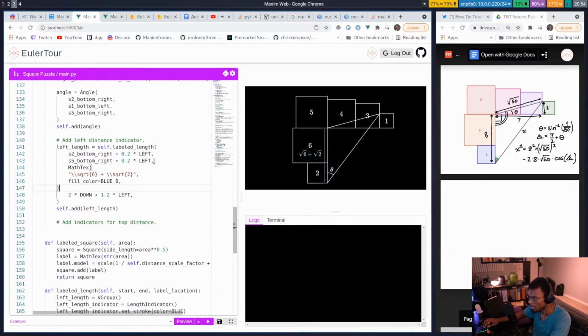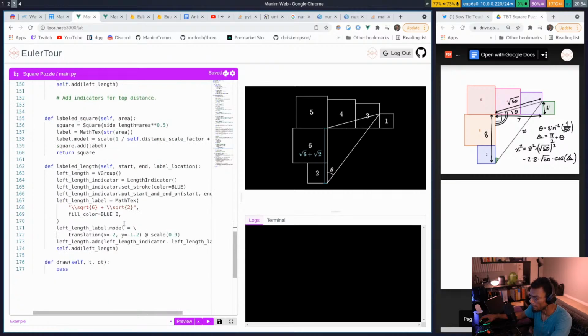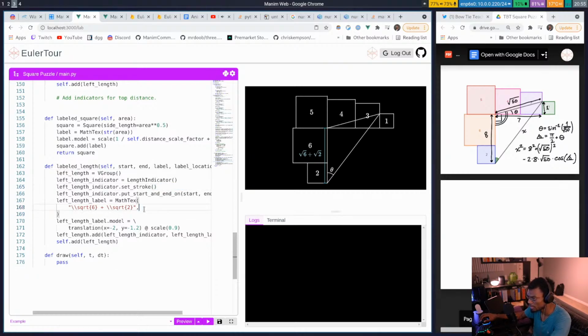Of the label here, and then its location. I guess I won't do the color there. That doesn't really make sense. All of these lefts that I don't want.